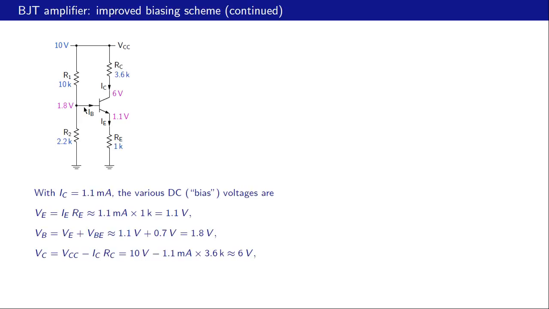NPN, P is at 1.8 volts, N is at 6 volts, so N is higher than P, therefore the base collector junction is under reverse bias. So that tells us that the BJT is operating in active mode or linear region. What about this voltage difference? VCE, 6 volts minus 1.1, so that turns out to be 4.9 volts.